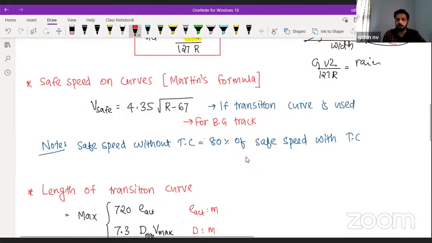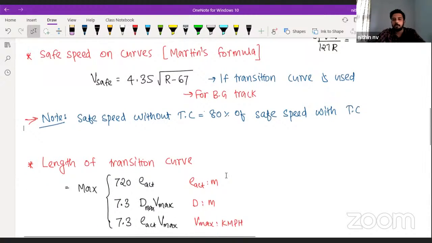Even if you are not remembering the equation, at least for broad gauge remember this note also: if a transition curve is not used, then the safe speed will decrease by 20%, or be decreased to 80%. This can be asked for 1 mark, or maybe as an MSQ type of question, if they ask which of the following statements is true.